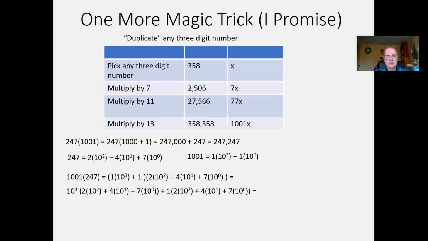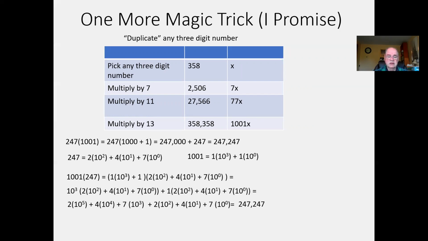And the point I want to make here is that multiplying 10 to the 3 times 10 to the 2 is 10 to the 5. 10 to the 3 times 10 to the 1 is 10 to the 4. I'm adding exponents. That gives me my first number in the thousands. And then 1 times anything leaves everything else alone.